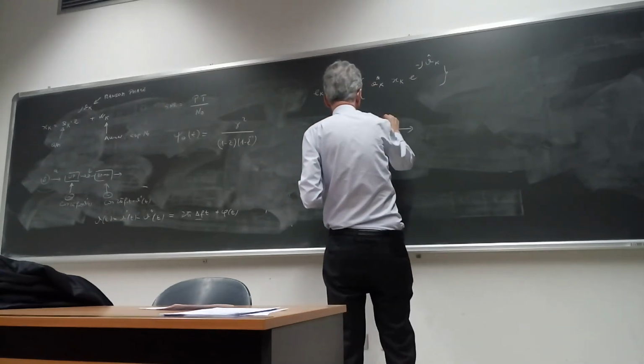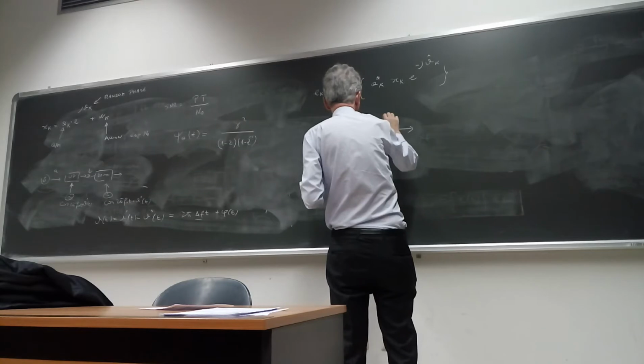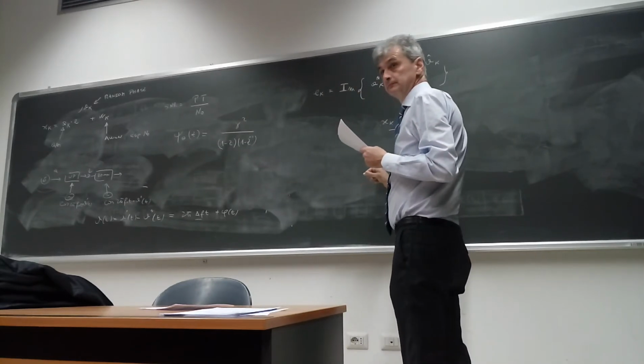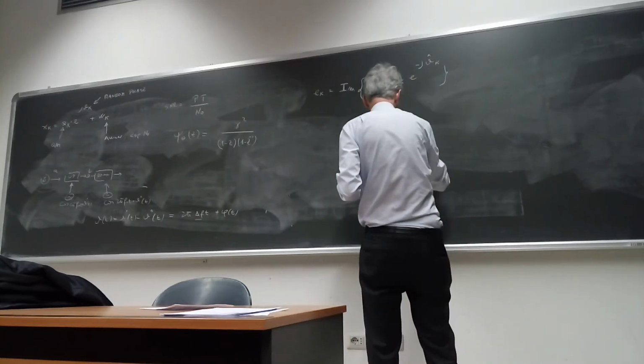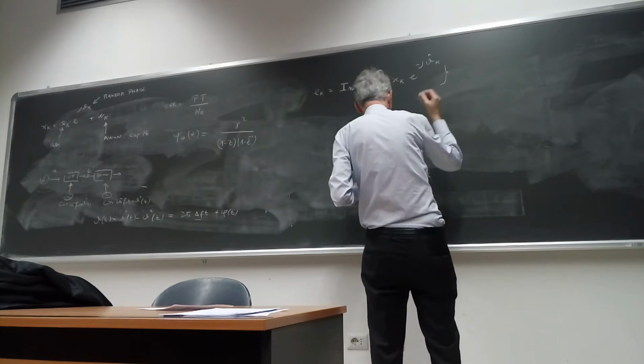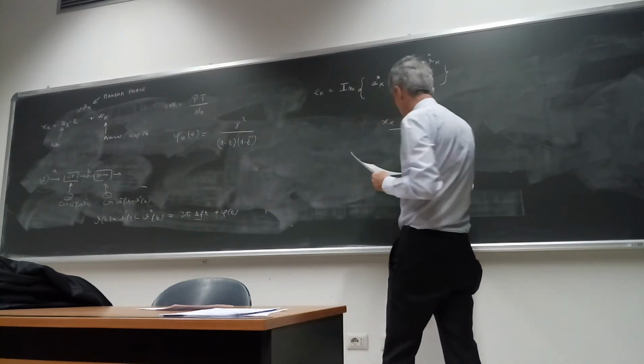So here we get X from the channel. A star comes from some knowledge that we have of data.